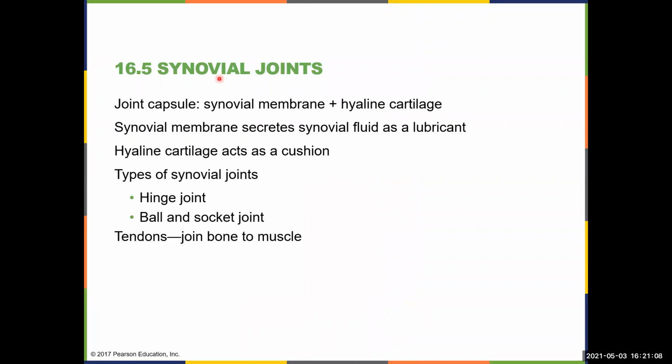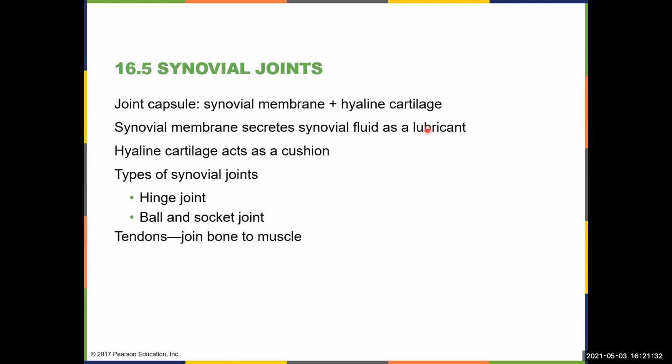Now, the synovial joints, like we mentioned, are the joints that have a fluid within that joint, and the fluid is secreted from a synovial membrane. The membrane helps to lubricate the joint so that there's no friction between the bones that are moving.